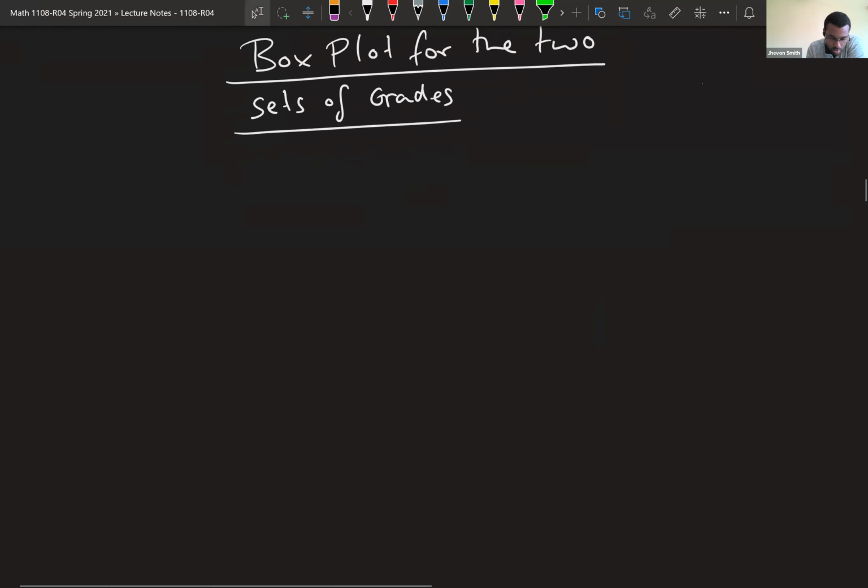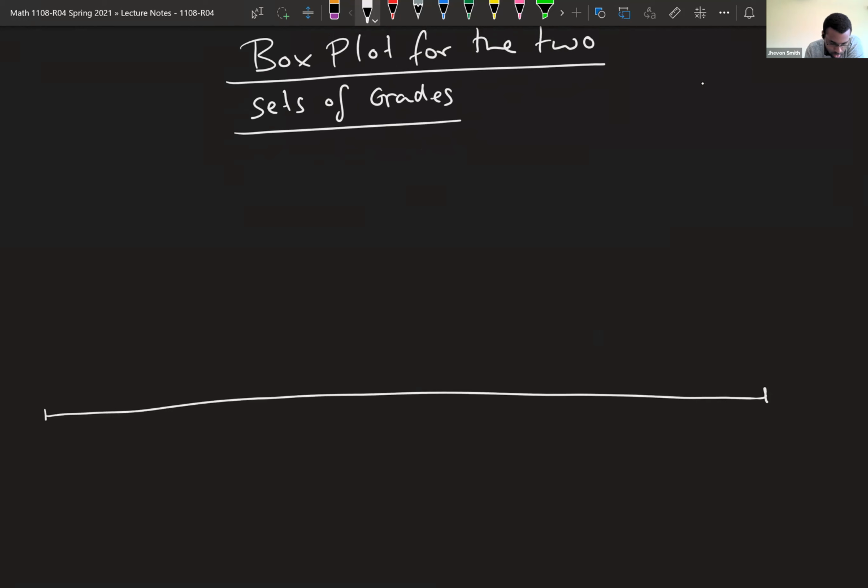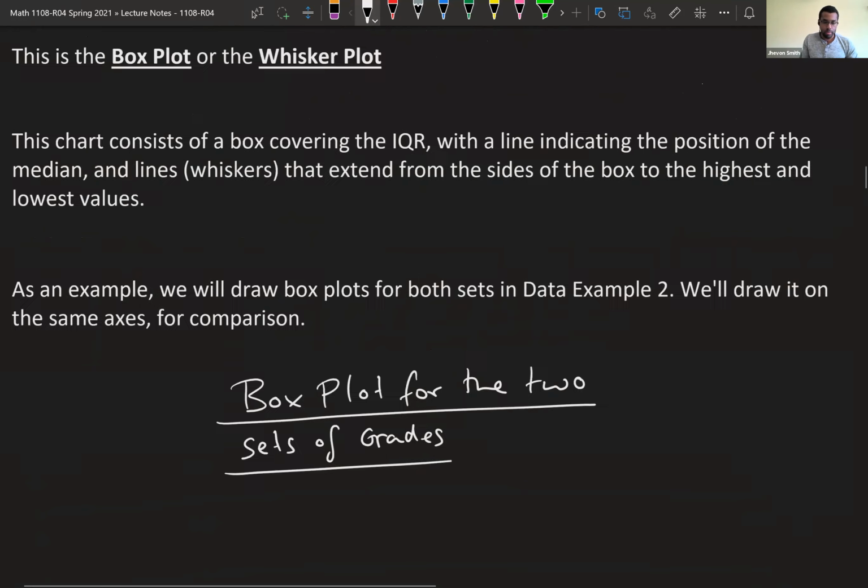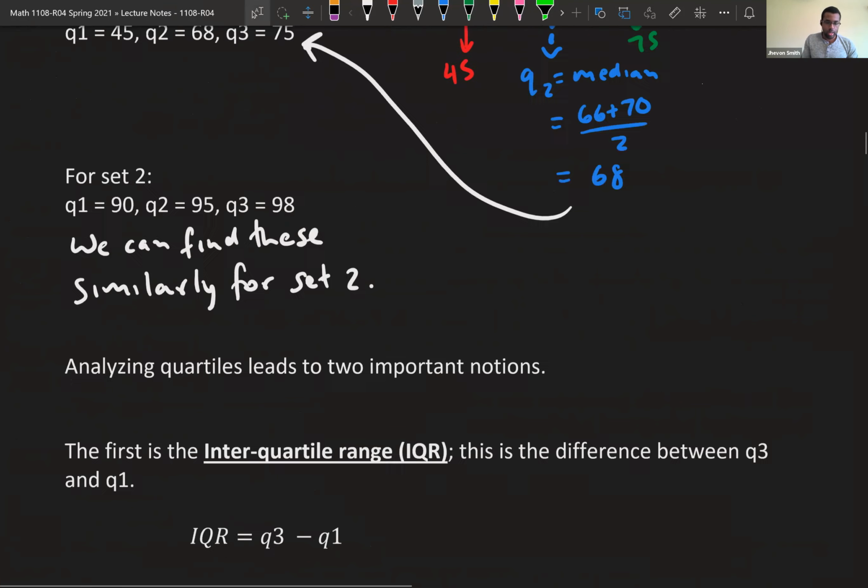Okay, so what you can do here is set up a scale. So this is say 0 to 100. We know that all the data happens from 20 onwards. Now what we're going to do is look at the quartiles.